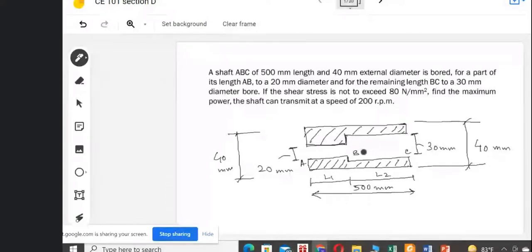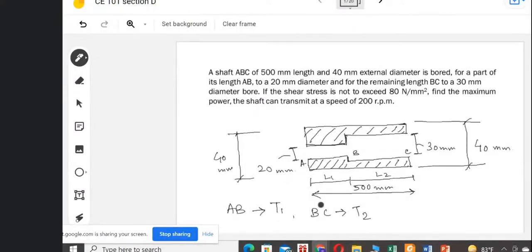So for the AB portion we are getting a value of torque T1, and for BC we are getting T2. Now as these are connected to each other as a whole, when we want to design this sort of shaft, we cannot go with the higher values. We always go with the lower values because that is the applied load.